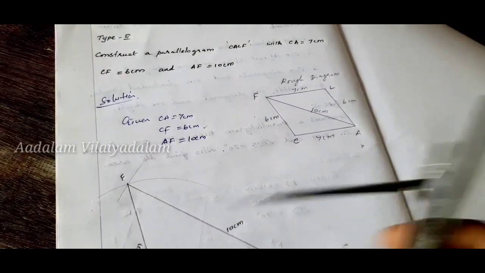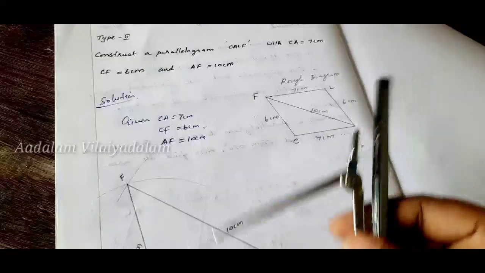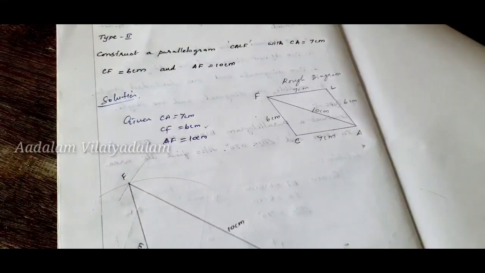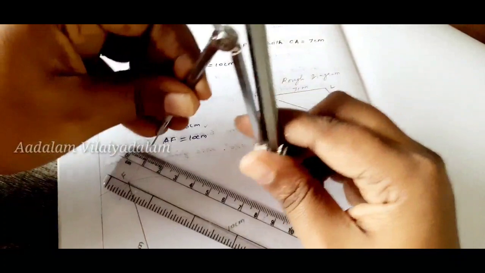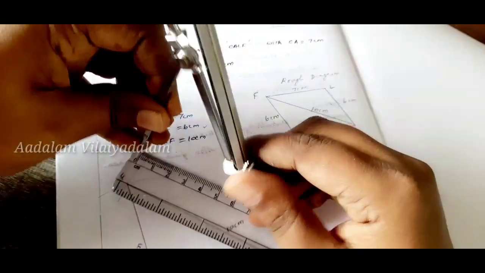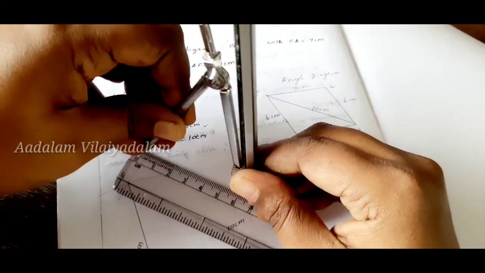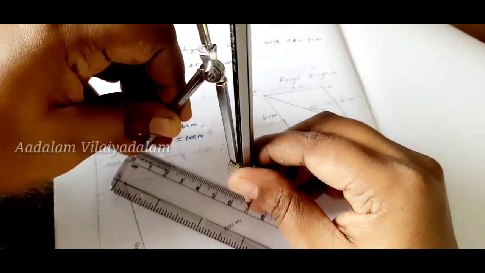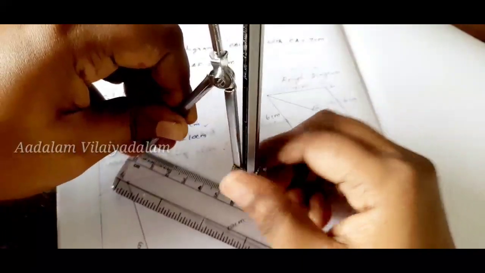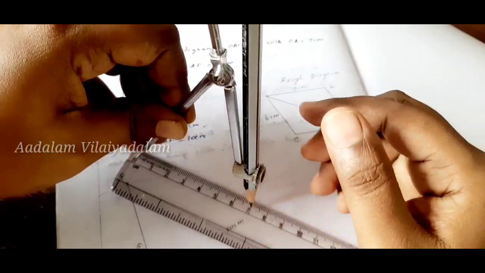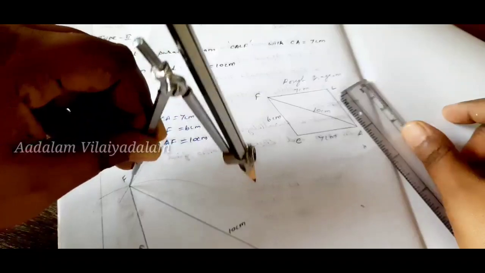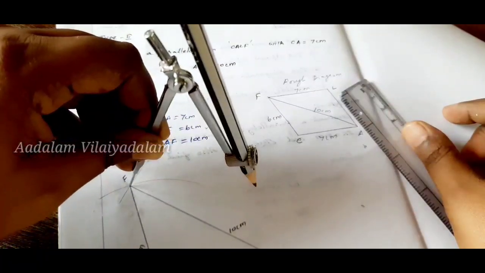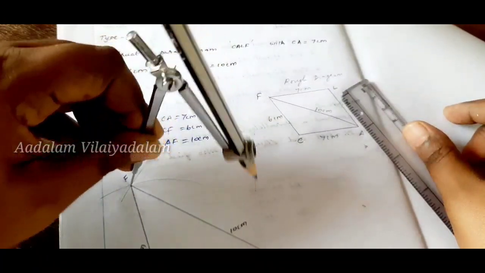Now let us take 7 centimeter, which is parallel to LF or CA. So this is 7 centimeter. So keep the compass at the tip of F and draw the arc.